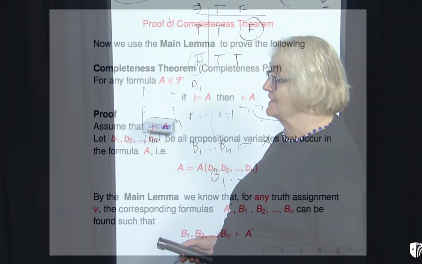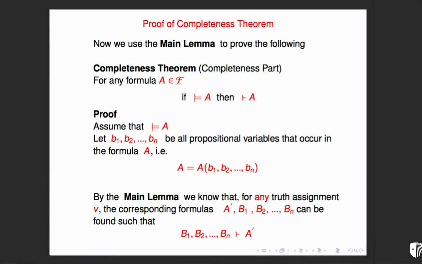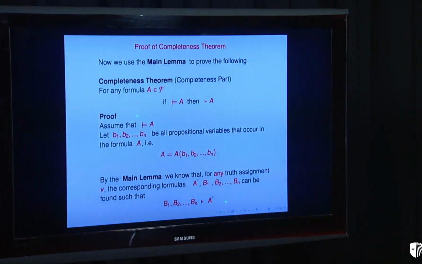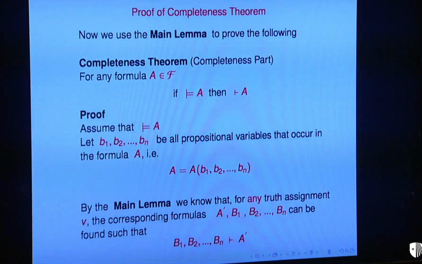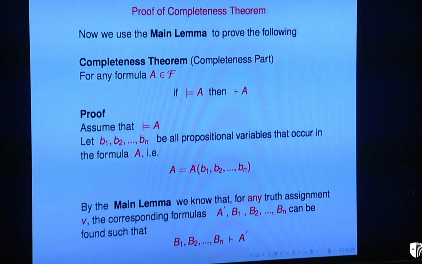So, proof of completeness theorem. The completeness theorem says, in its completeness part, if tautology then it has a proof. Assume that A is a tautology, and I show you how to use this lemma to construct the proof.